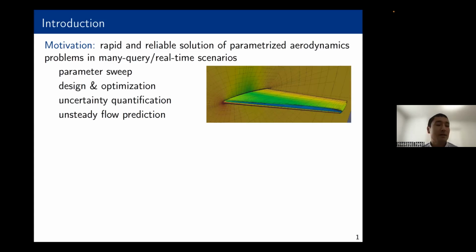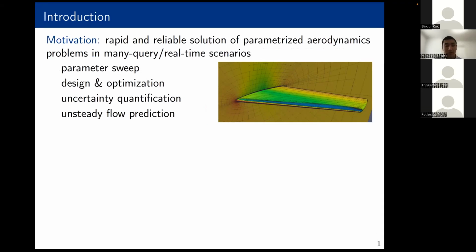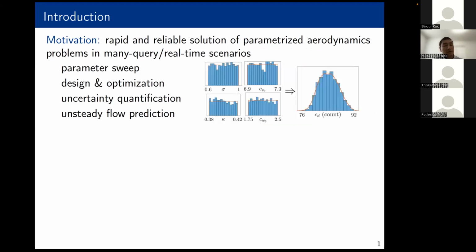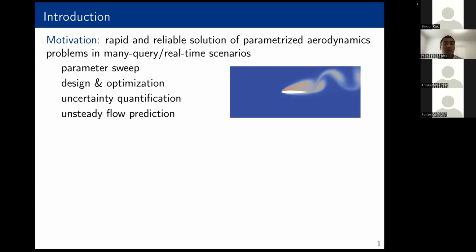So we are thinking of scenarios like parameter sweep, where we might want to change, say, angle of attack and Mach number and figure out how the drag, lift, or moment changes, or design and optimization, where we want to optimize the shape of the airfoil to maximize lift over drag, or uncertainty quantification, where we have a set of unknown input model parameters and then try to figure out its influence on the quantities of interest, or unsteady flow prediction of the flow like the one shown on the right.